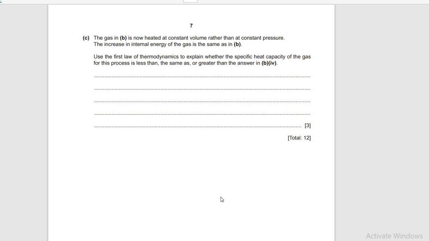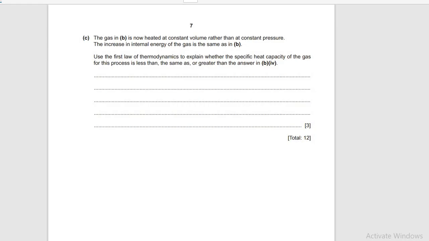The gas in B is now heated at a constant volume rather than constant pressure. So the increase in internal energy remains the same.